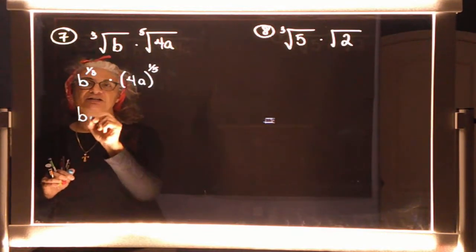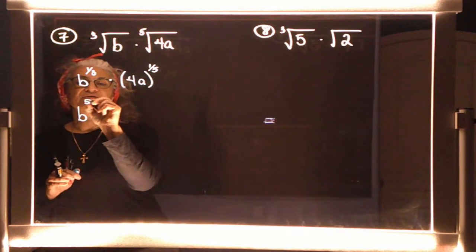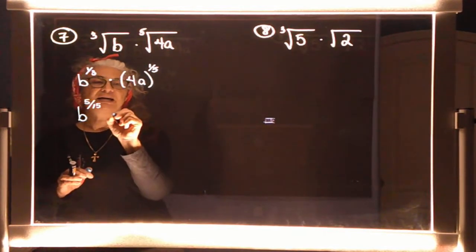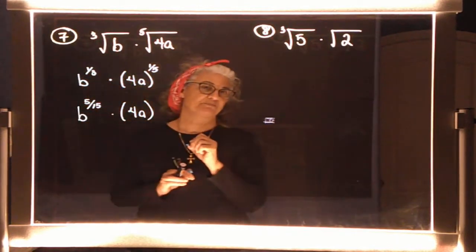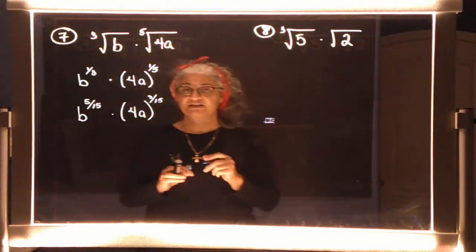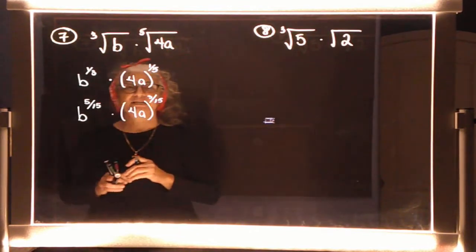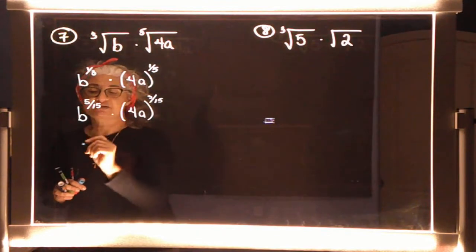Good, 15. So what does this 1/3 become? Excellent, 5 over 15. And what does the exponent of the 4a become? Good, 3 over 15, right? Okay, now notice this is a 15th root, isn't it?